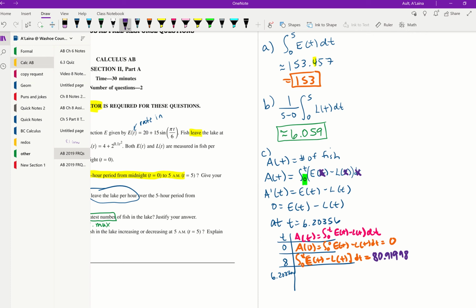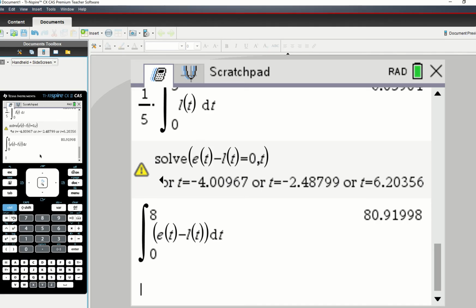I'm now going to do this at that 6.20356. A word of caution here. Do not round this to 3 decimal places now and then plug it in. Keep that out to 5 decimal places until your final answer here.